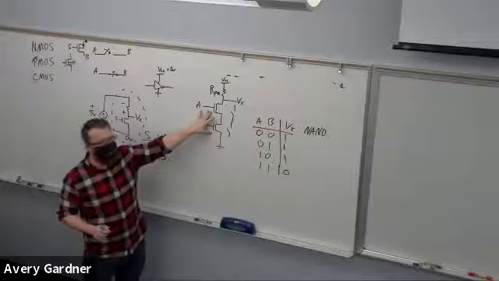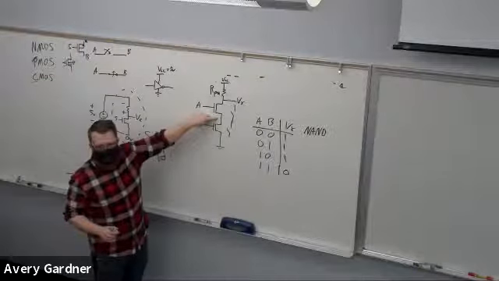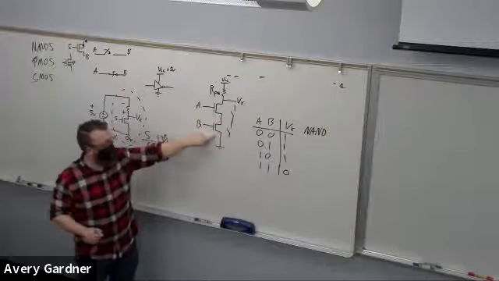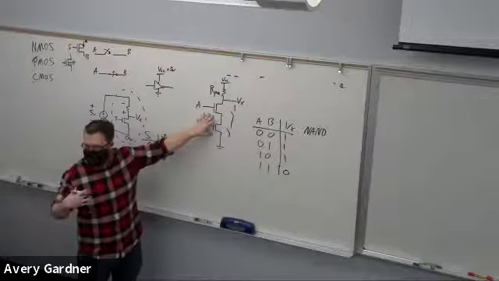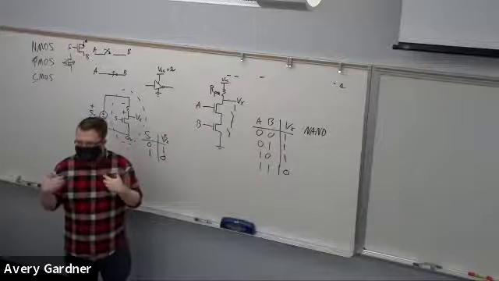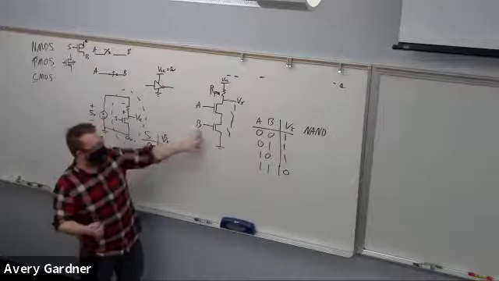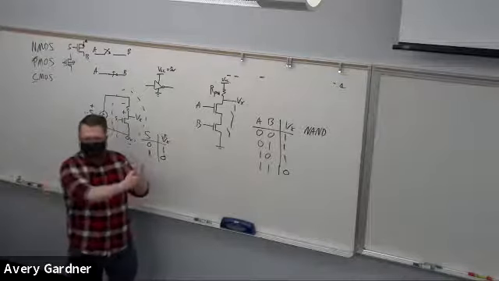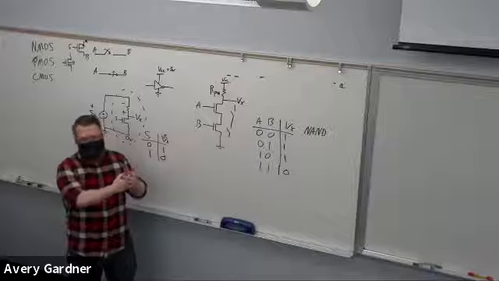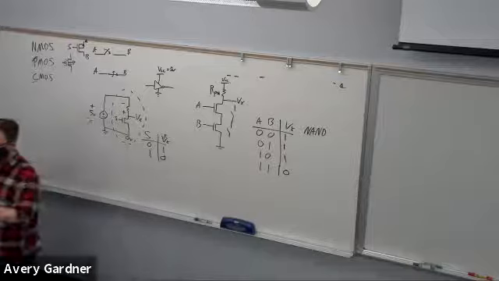Basically, if you have electrons on one side of the transistor, a voltage differential, more electrons on one side than the other, they're trying to get to each other, but there's no path. Applying a voltage here lowers a barrier and allows them to flow through. That's a very simplified version of it.